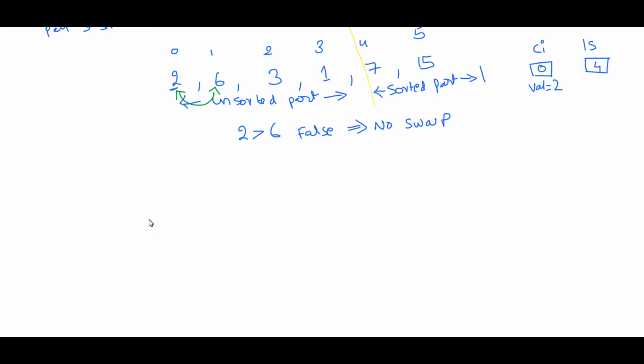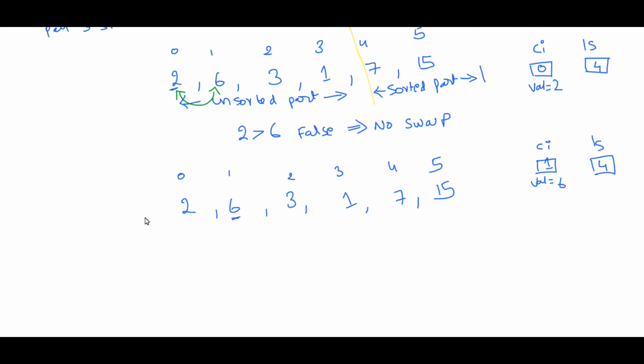And we're going to continue with our next iteration, which basically means CI would be pointing to position 1, as with every iteration CI gets incremented, which has a value of 6, and LS is pointing to position 4. 0, 1, 2, 3, 4, 5, 2, 6, 3, 1, 7, 15, and quickly identifying our sorted part.